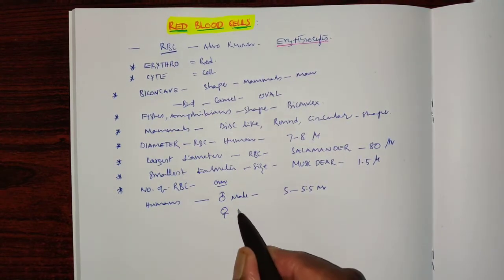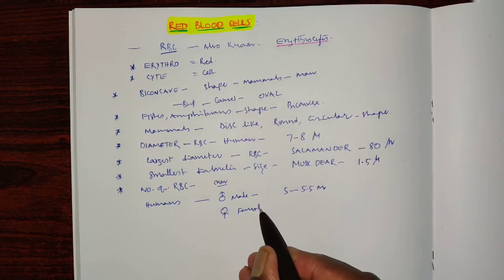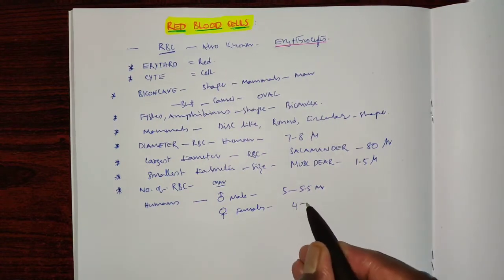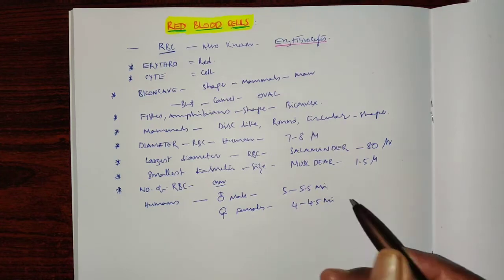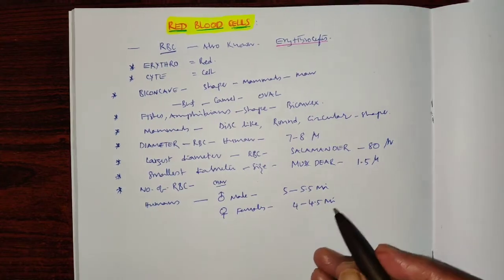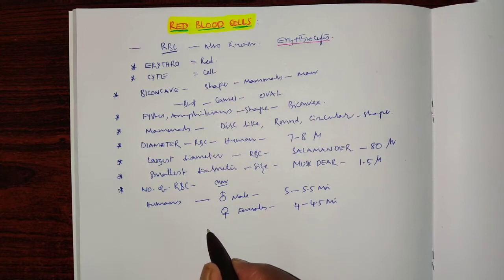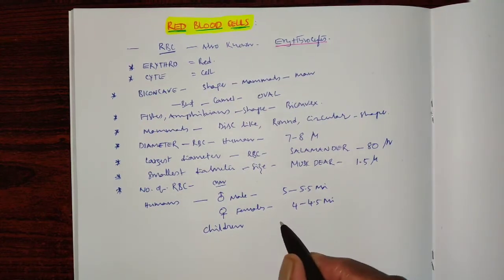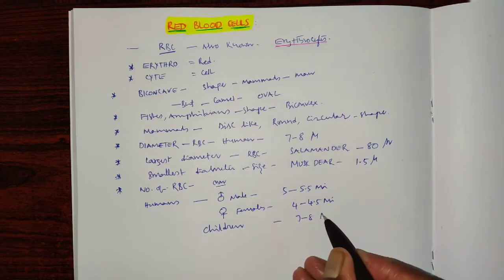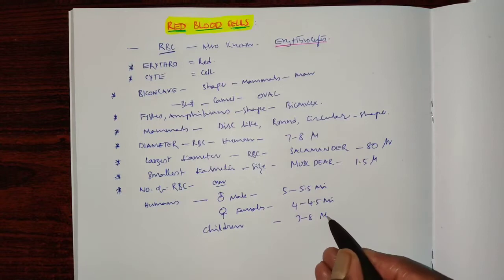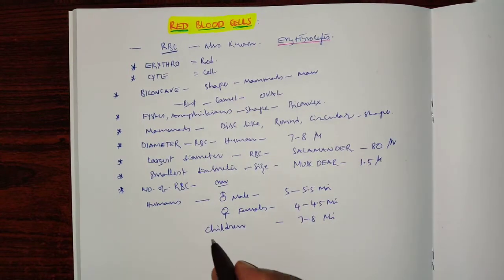In females, about 4 to 4.5 million. In the case of children, the number of RBC is about 7 to 8 million.